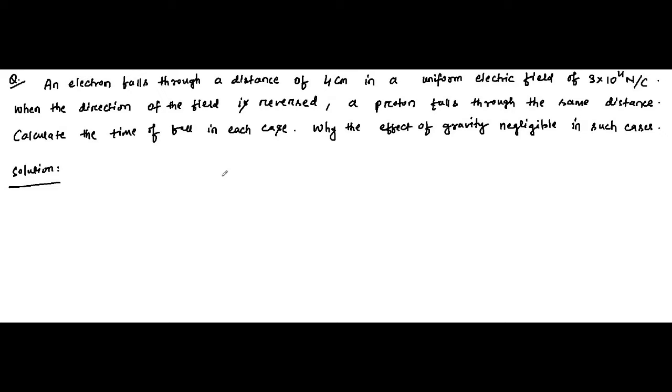So first, it has been given that an electron falls through a distance of 4 centimeter in a uniform electric field. Let's say we draw two parallel lines, and we have electric field lines like this.